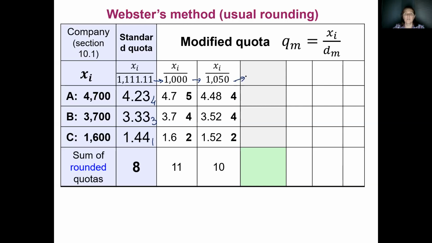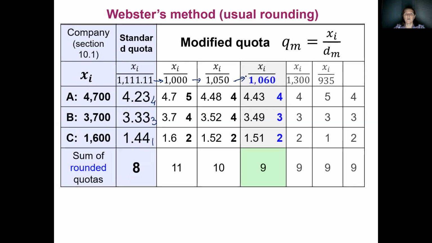Let us take 1060. And now when we round the modified quotas, 4.43 will be rounded to 4, 3.49 to 3, and 1.51 rounds to 2. The total is 9. That is what we needed. So we can stop here.